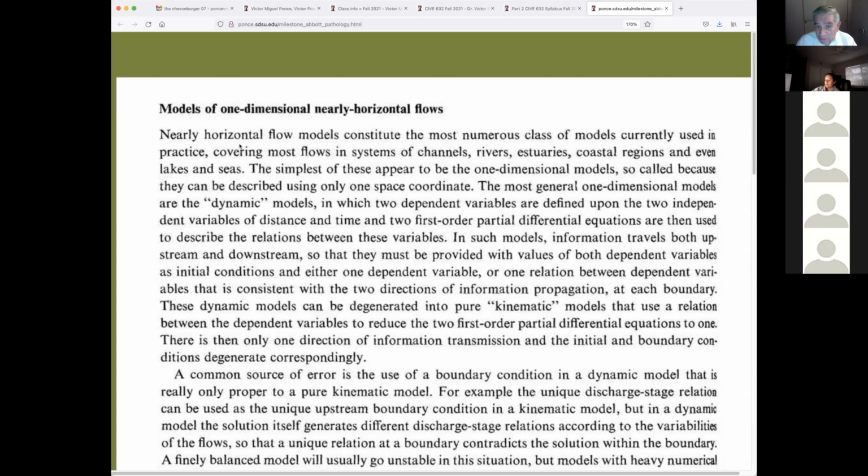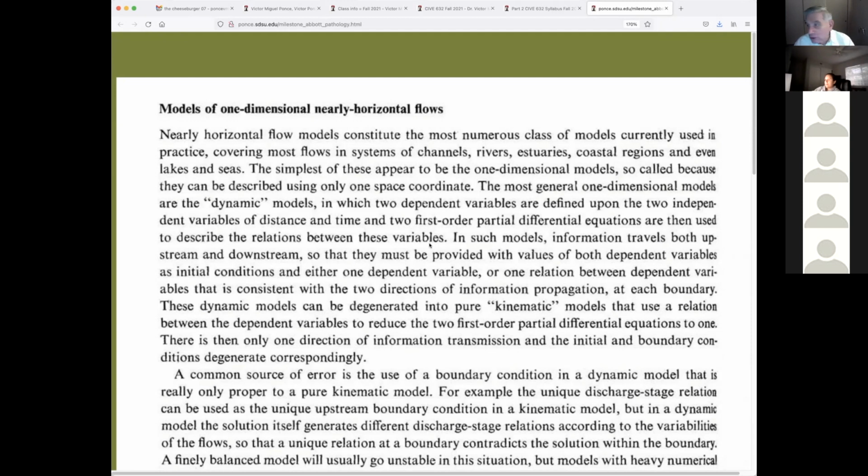The simplest of these appear to be the one-dimensional models, so-called because they can be described using only one space coordinate. That's correct. The most general one-dimensional models are the dynamic models, the Fread models, the Danny Fread models, in which two dependent variables are defined, u and depth, velocity and depth, upon the two independent variables of distance and time, and two first-order partial differential equations are then used to describe the relation between them.